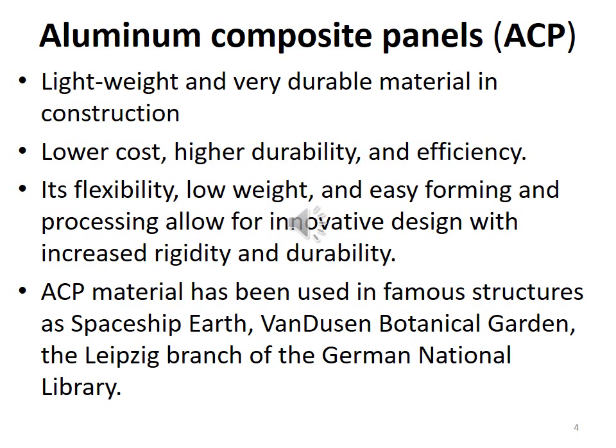The structures which are made make optimal use of aluminum composite panels through its cost, durability, and efficiency. Its flexibility, lower weight, and easy forming and easy processing allow for innovative design with increased rigidity and durability.